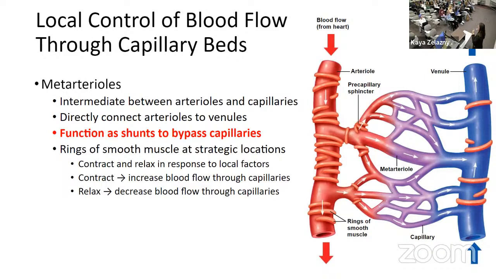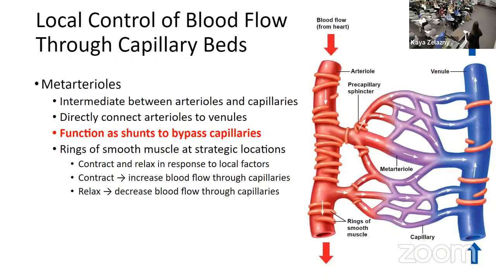To be open, we would want it to have a relatively large radius, therefore low resistance, therefore plenty of flow. You can see that it's bigger than the capillaries, so blood would tend to prefer to go through that meta-arteriole, at least some of it. You functionally still have some flow through the capillaries, but less than you would if it were narrowed and closed.